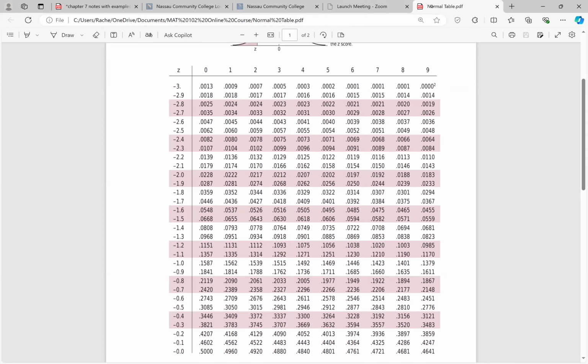So here's negative 0.5, and then we have a 0 in the 100 spot, and that's going to be 0.3085.